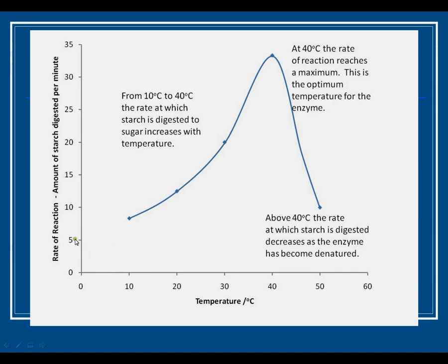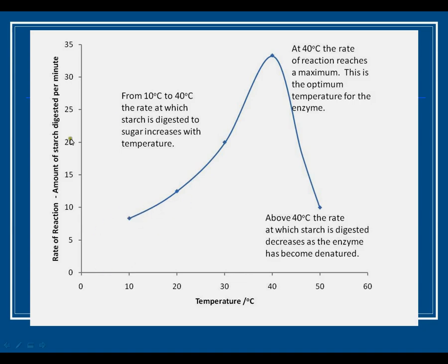It doesn't say whether these are grams, but it's the amount of starch that's digested. So at 10 degrees Celsius, you have about 8, we'll call them grams, I guess, 8 grams of starch that can be digested in 1 minute.